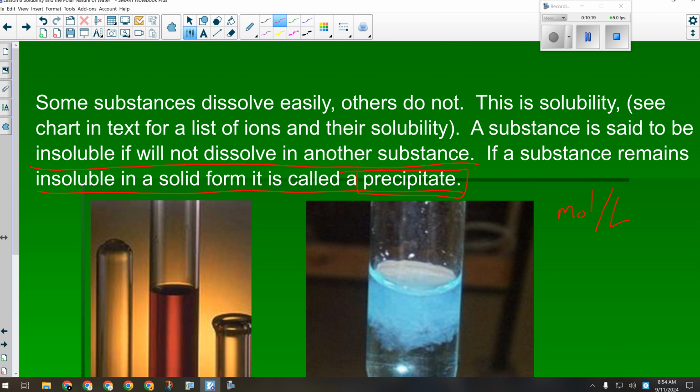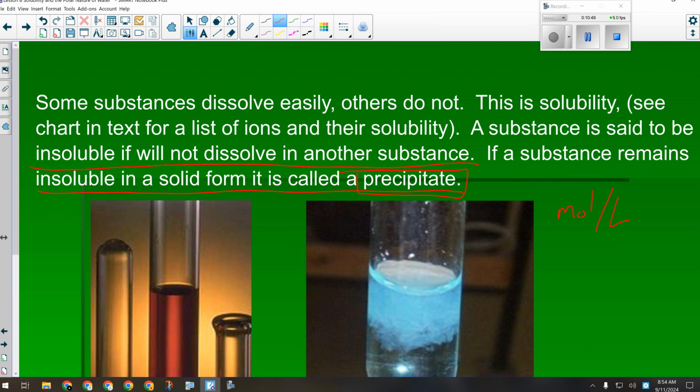I don't mean like a block, I mean a powder will form and fall out of the solution. When it's doing that, it almost looks like snow. Snow is precipitation. Precipitation is the process of falling out of something else. Snow, rain, hail fall out of a cloud. Things that are not soluble fall out of solution. They precipitate out. Everyone kind of follow the definition there?